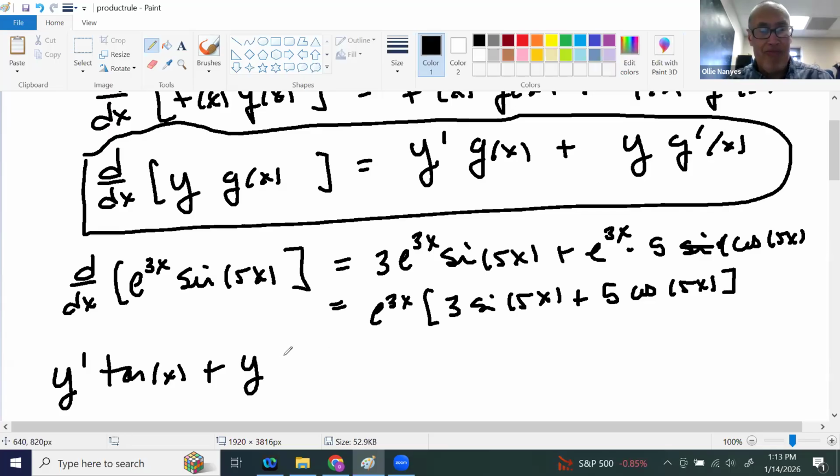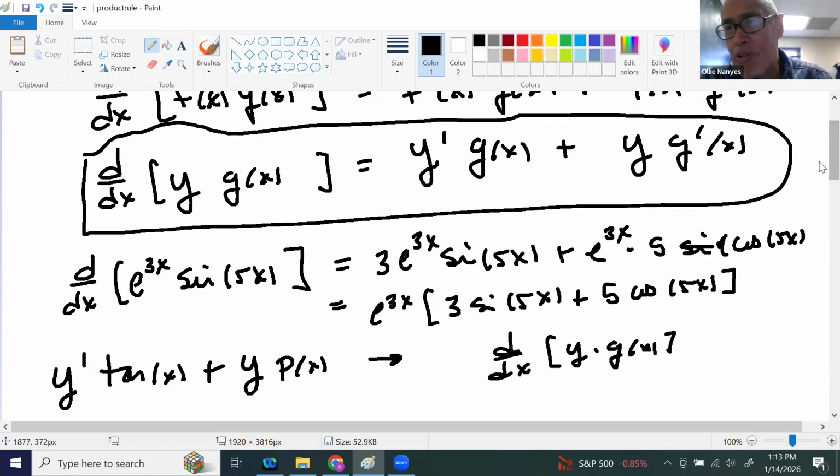Let's call that p of x. And we want to write this so that this is going to be the derivative of y times some g of x, like so.